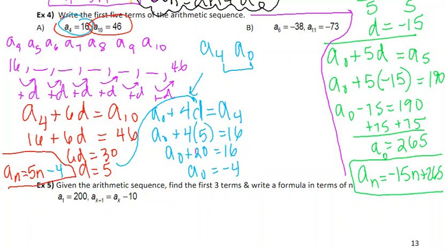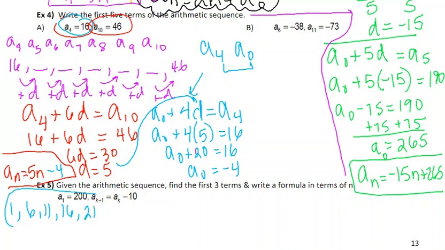Actually, I'm sorry, they wanted you to write the first 5 terms of the sequence. So what you can do from here is plug in 1, plug in 2, plug in 3, plug in 4, plug in 5. And so those terms of the sequence are 1, 6, 11, 16, and 21.